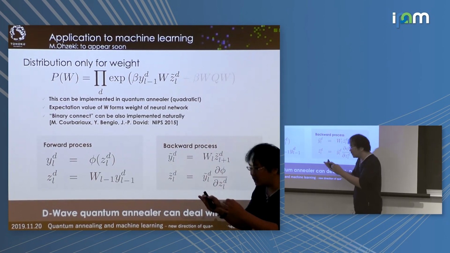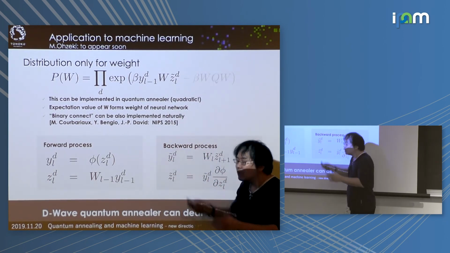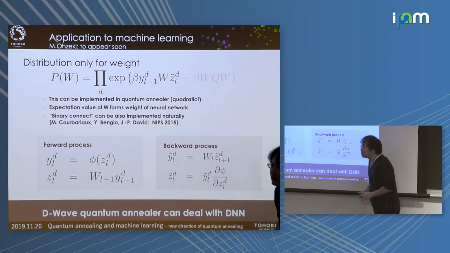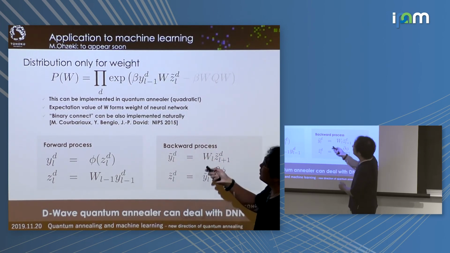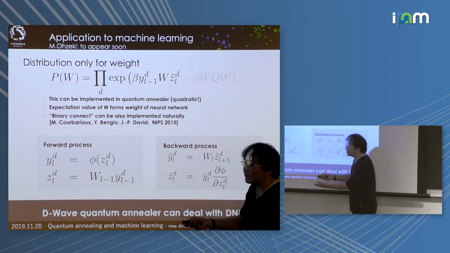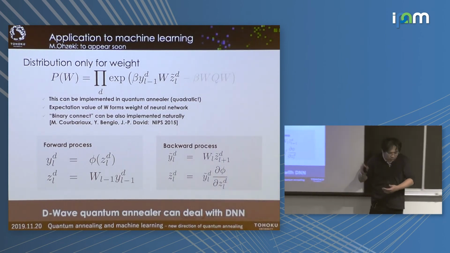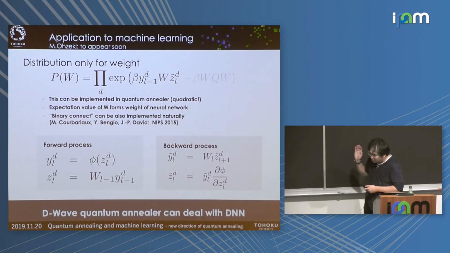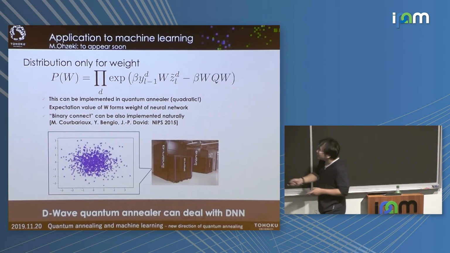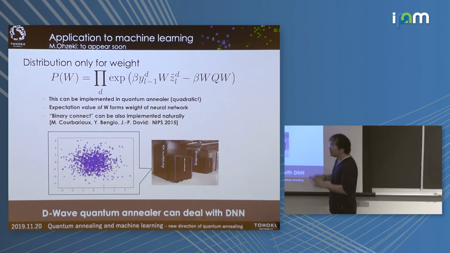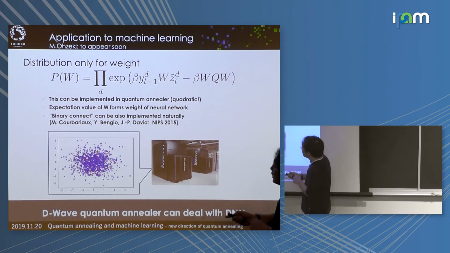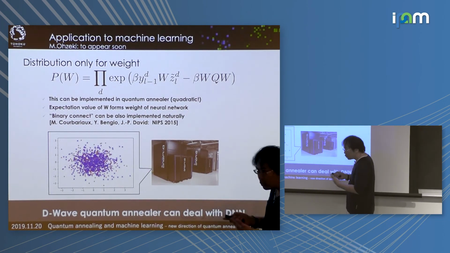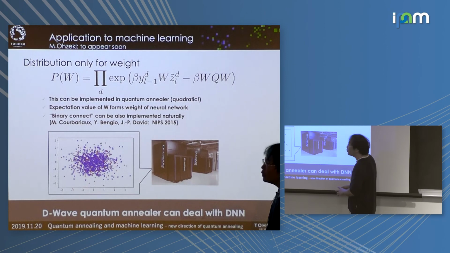So this is some reformulation of the optimization problem in neural networks. Because if we have this form, we can implement this problem in the quantum annealers. Then we can perform the optimization by use of the quantum annealer, and even use some regularization for the weight in quadratic forms. Actually, we tested this strategy for optimization of neural networks.